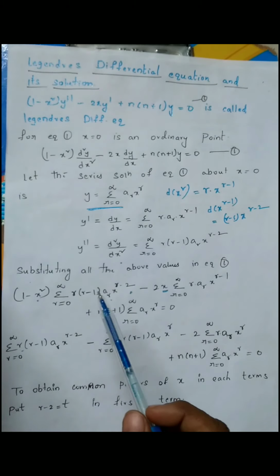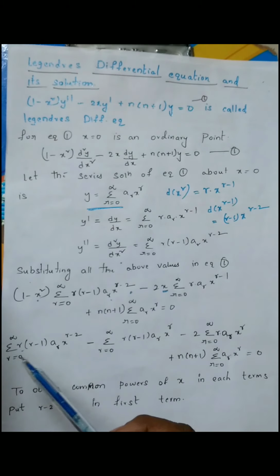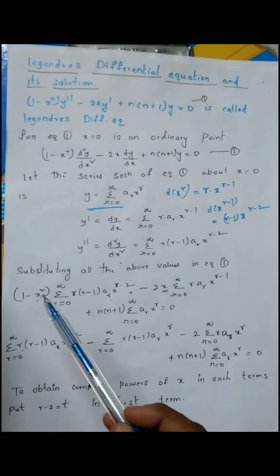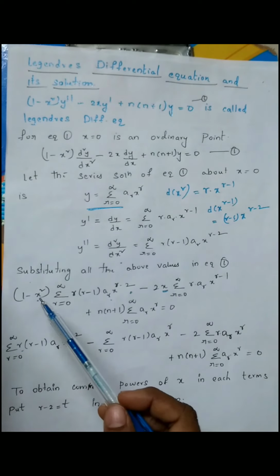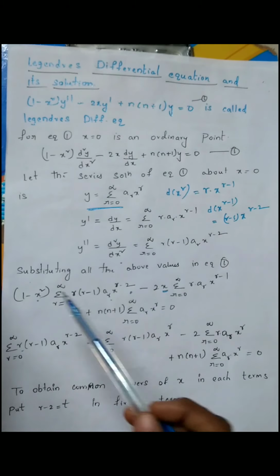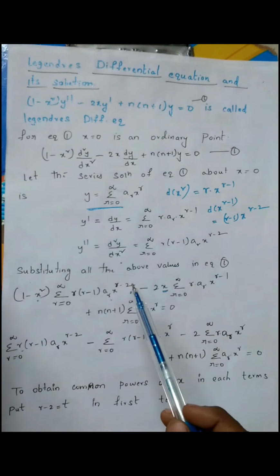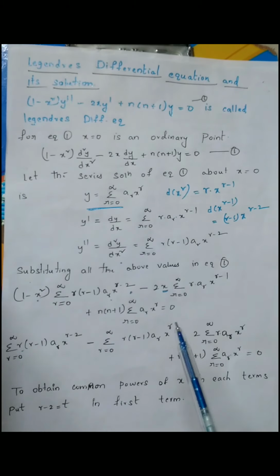Multiplying the first term with 1 and with x square: if we multiply this whole term with x square, then sigma r is equal to 0 to infinity r(r minus 1) a r x power r minus 2 plus 2, where minus 2 plus 2 gets cancelled and the remaining term is x power r.